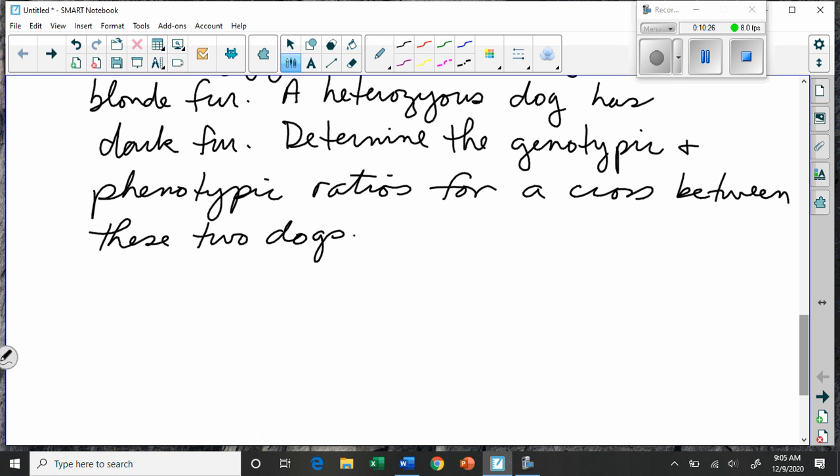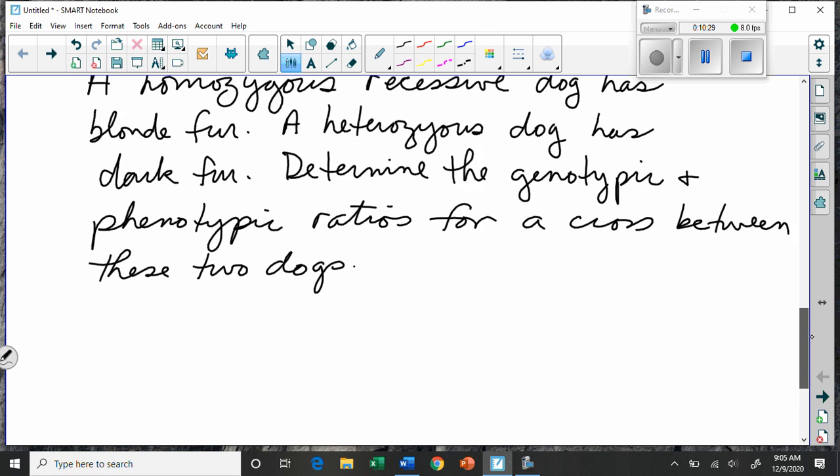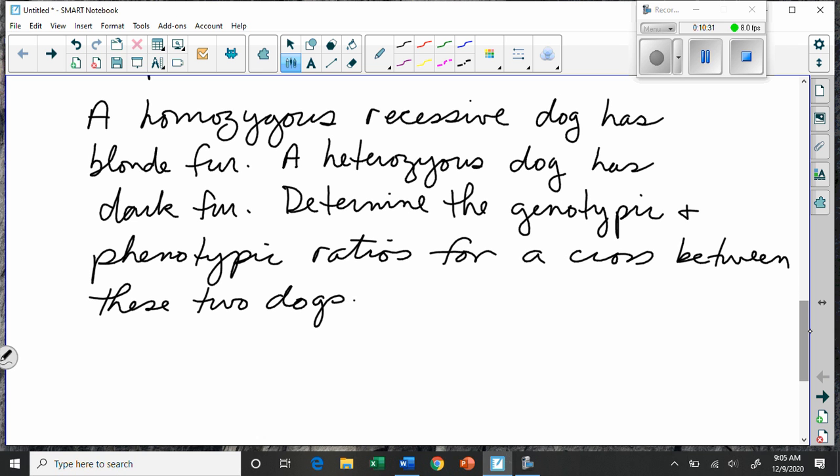Okay, so when we read the question, homozygous means it has to have the same two alleles. Well, let's decide on our alleles. We're talking about an allele for dark hair versus not so dark or blondish fur. So we need a letter for this. Homozygous recessive for blonde fur means that that's two of the small letters, right?